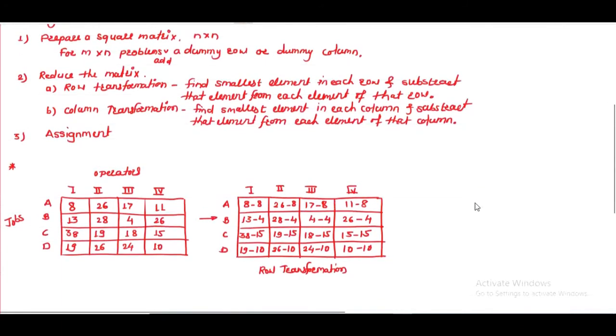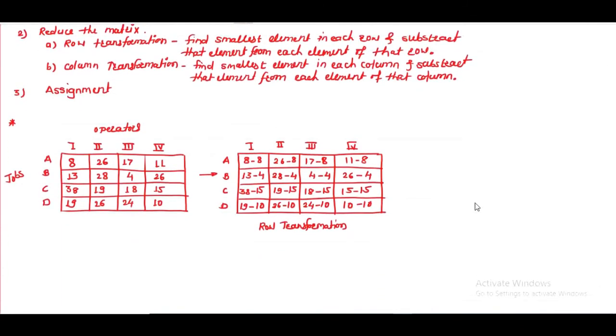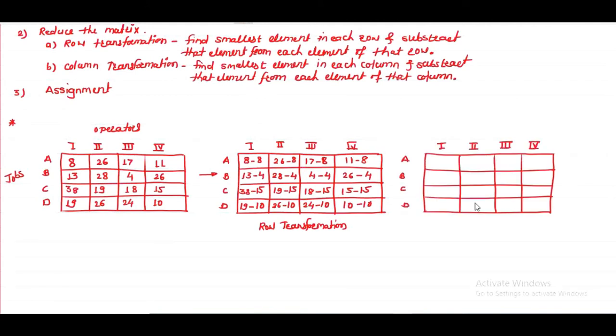So what will be the output matrix of this operation? 8 minus 8 becomes 0, 26 minus 8 becomes 18, 17 minus 8 becomes 9, 11 minus 8 becomes 3.